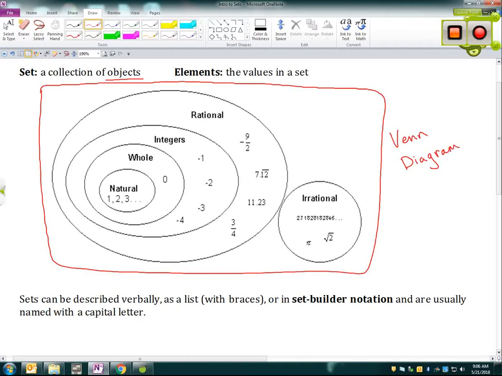A Venn diagram uses basically bubbles to show how groups interact. For example, the fact that this natural number bubble is entirely inside the whole number bubble means that every value that is an element of the natural numbers, and we can see here that's 1, 2, 3, etc., is also a whole number because all of the natural numbers are contained in the set of whole numbers, okay?